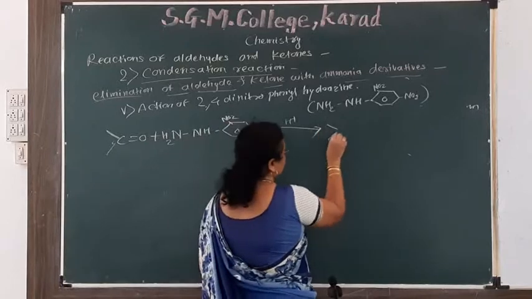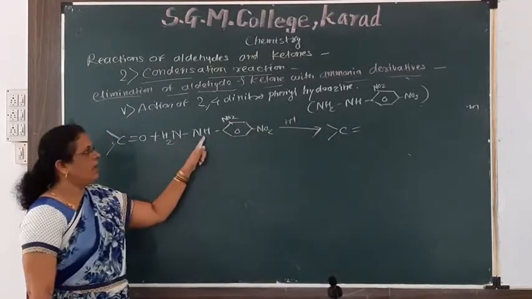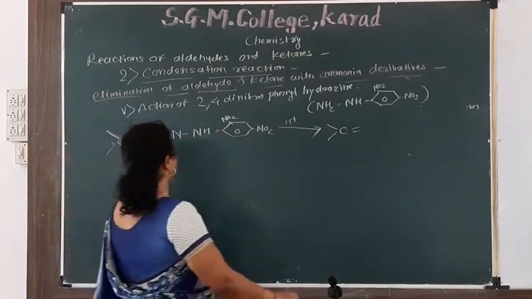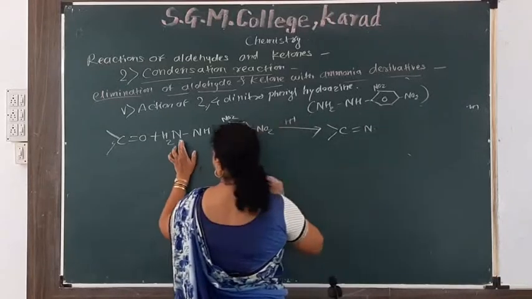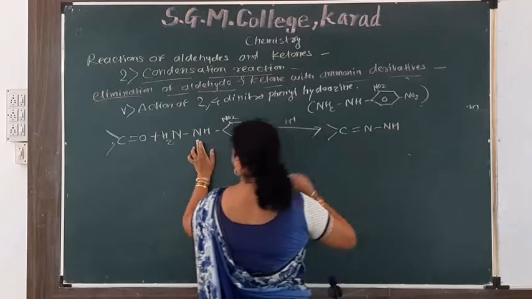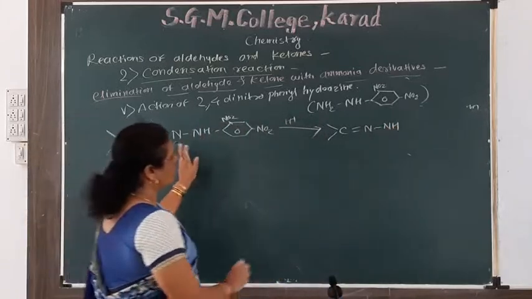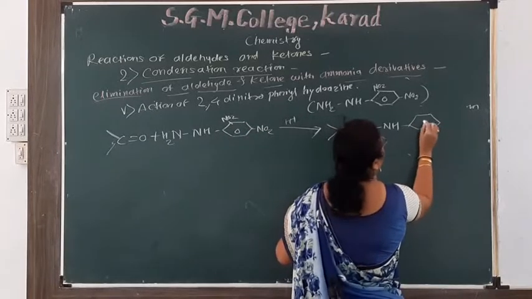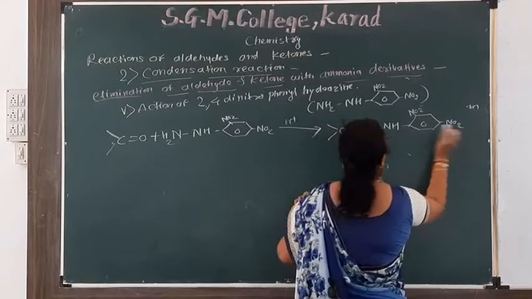We get C double bond N NH C6H5 NO2 NO2, means here N, then NH, C6H5, here NO2 NO2.